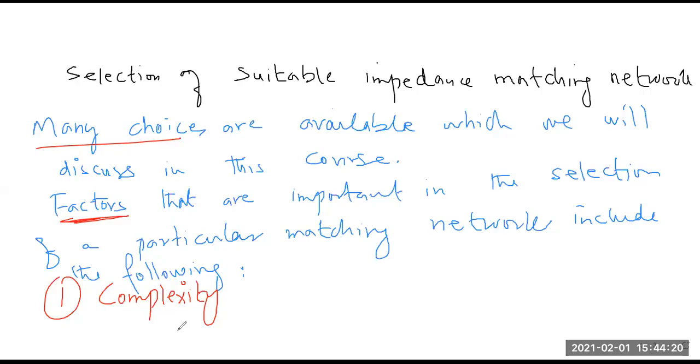The same selection criteria is also used for impedance matching circuits. If there are 3 or 4 impedance matching circuits available and all of them can solve your problem, you will find out which is the simple one, and you will use that simple circuit to solve your problem. So this is one factor.